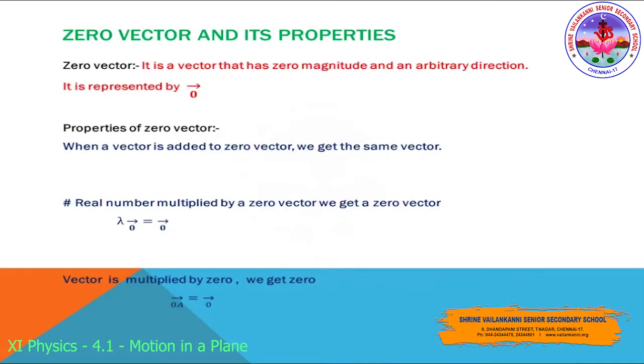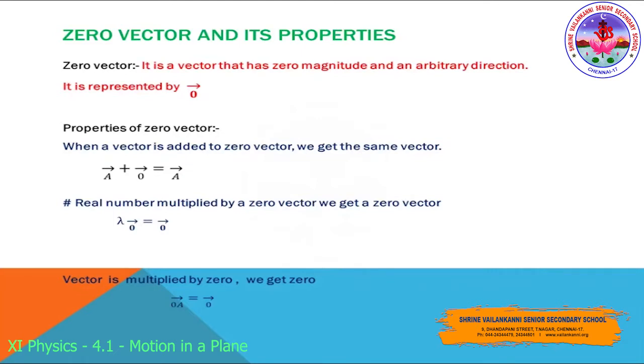Now what are the properties of the zero vector? When A vector is added to a zero vector, what will come? It is the same vector: A vector plus 0 vector is equal to A vector.